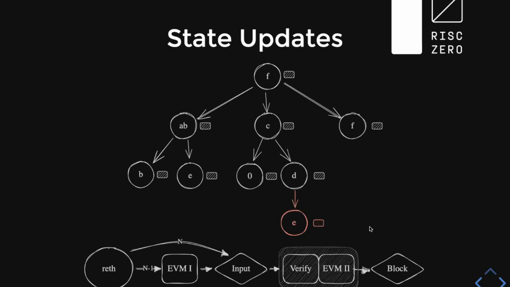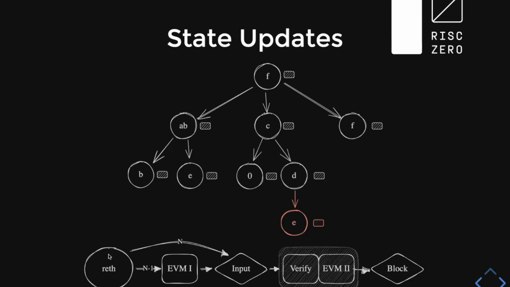So how do we actually do that? The diagram here gets a teeny bit more complicated. We first execute the virtual machine once to basically detect the used accounts. Let's say we now run this for block n, right? So we are interested in the state of n-1, because that is the state we're building on.